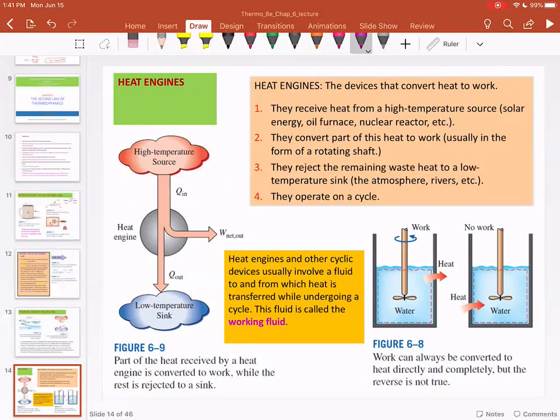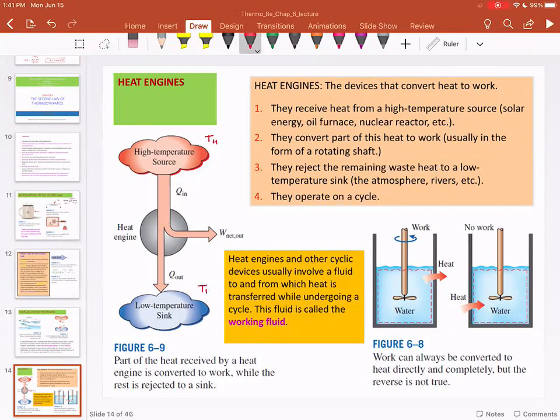And that's exactly what is shown in the slide that we have in front of us. You have a high temperature source which has been denoted as TH. You have a low temperature sink which is denoted as TL. And you have a heat engine that is operating between these two limits.